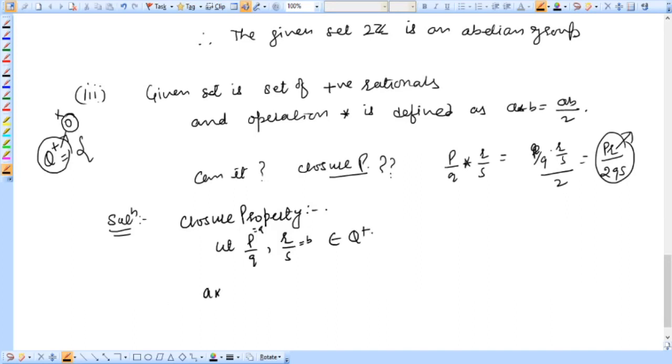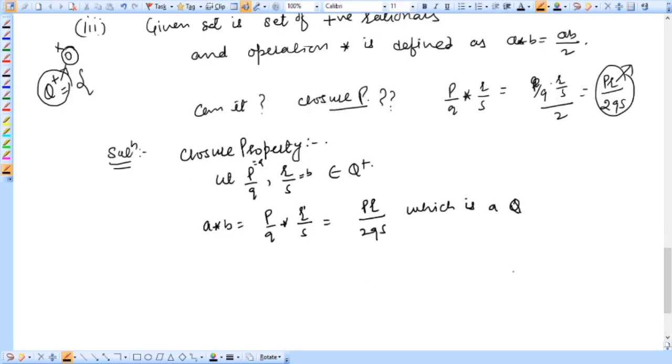Here you see a star b would be equal to (p/q)(r/s)/2, which is equal to pr divided by 2qs, which is a rational number, right? So therefore we can write a star b belongs to Q positive, therefore it is a positive rational number. Therefore it is closed.